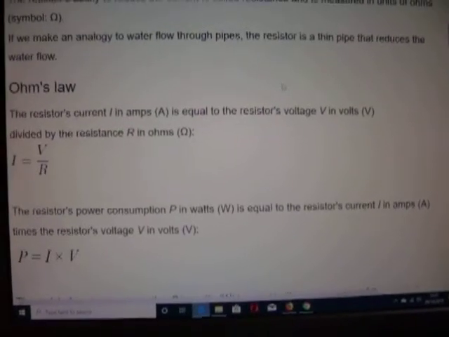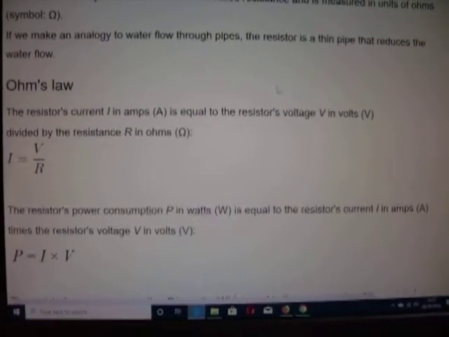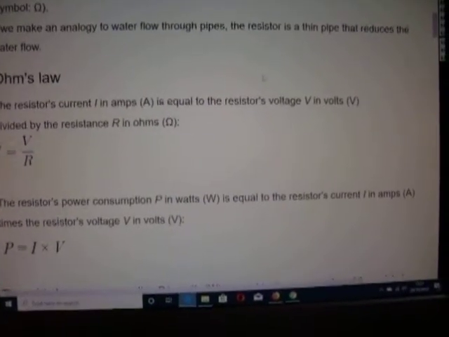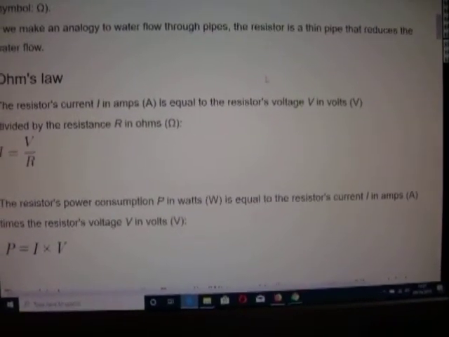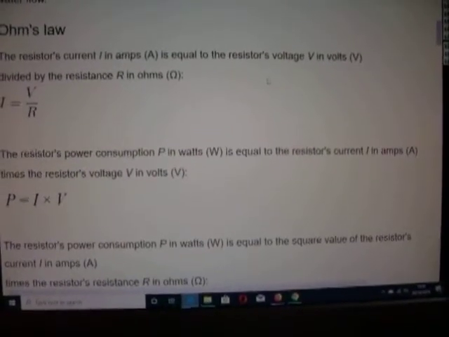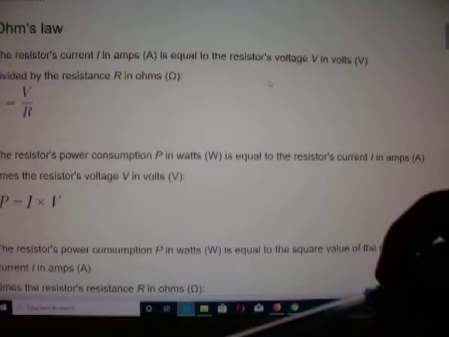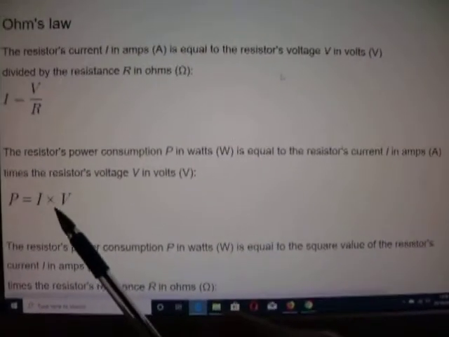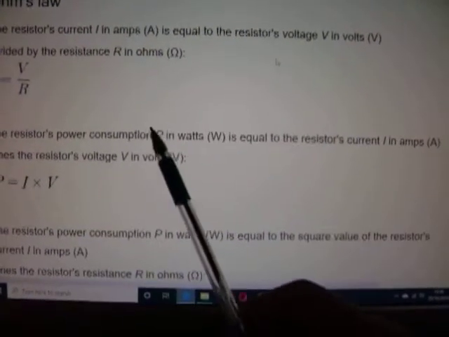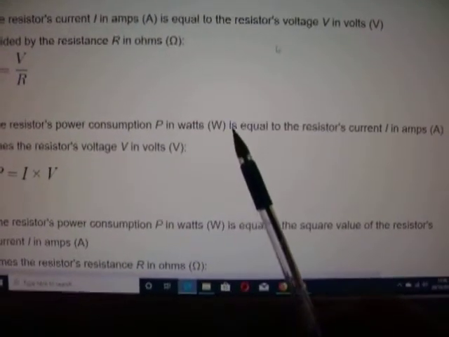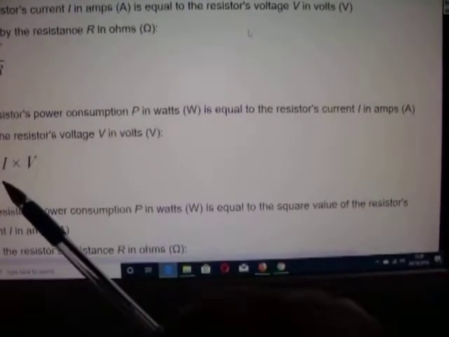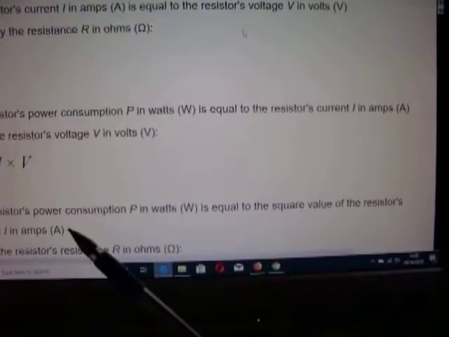Now, with resistance in itself comes power, and we need to look at what power is dissipated in a resistor. That means lost in a resistor. And here the resistor's power consumption, P in watts, W, is equal to the resistor's current I in amps, A, times the resistor's voltage V in volts.